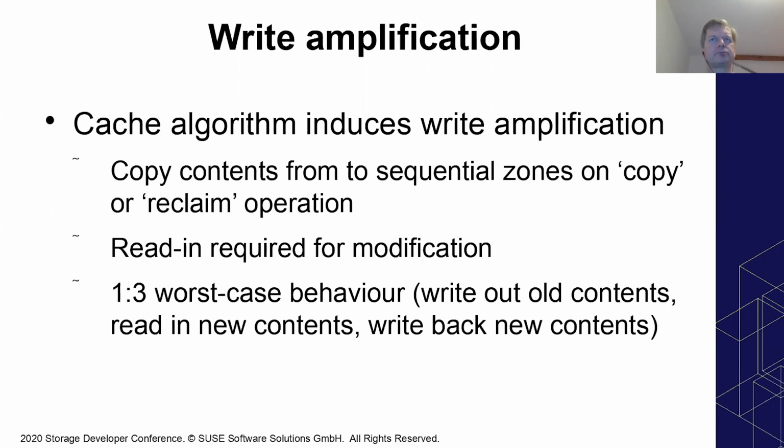So for any modification, we will need to read in data and then write them out again, which means we actually have a 1 to 3 worst case behavior. For each IO coming in, we might need to write out the old contents, read the new contents, and write back the new contents. So this is quite a large write amplification.